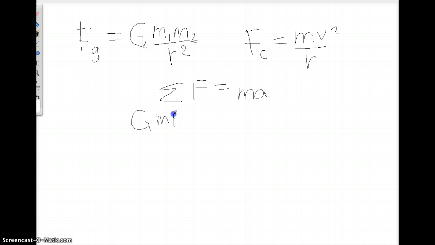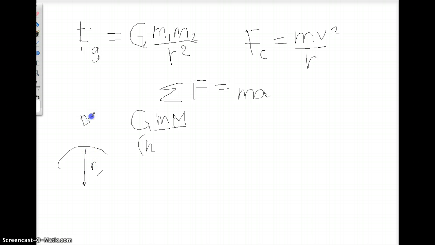And I can begin to use the variables that they gave. So there's the mass of the satellite, the mass of Earth, and the distance between Earth and the satellite. They said that the satellite is a height h above the Earth. So this is Earth, this is the center, so there's this radius r.